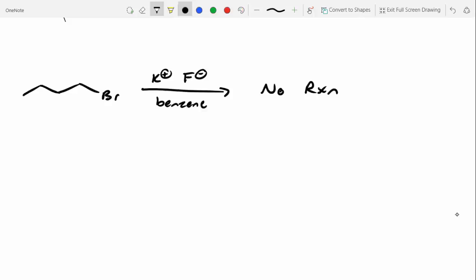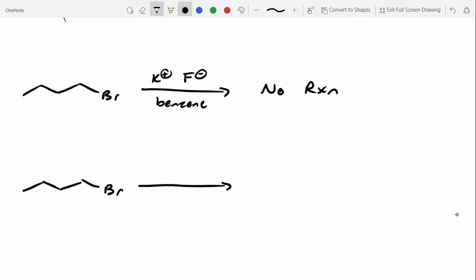No. When we covered chapter 7, we really never saw substitution reactions with fluoride. The reason for that is that the ionic attraction between potassium and fluorine is so strong that the fluoride ion will never get a chance to approach an electrophile. So what they do is they try to break up that ion pair.